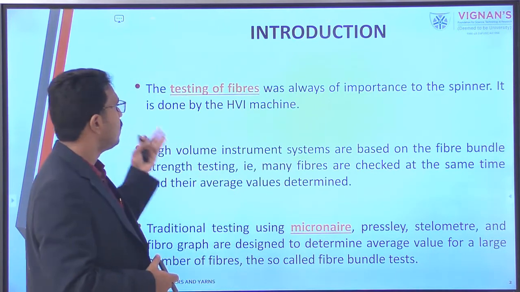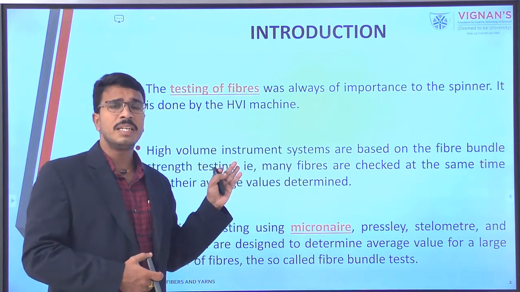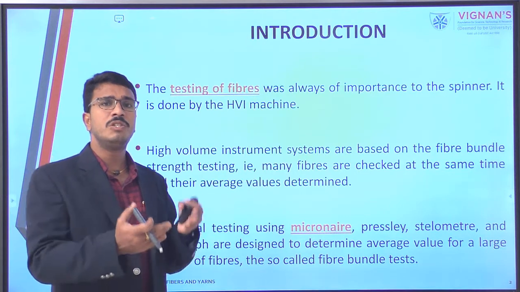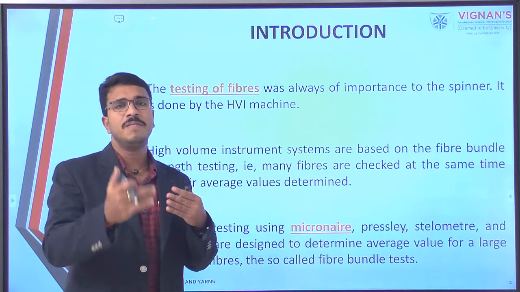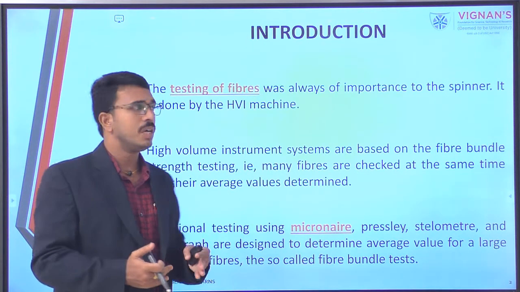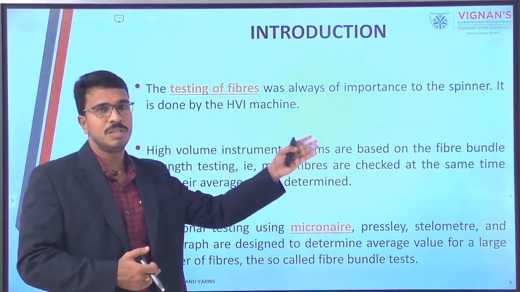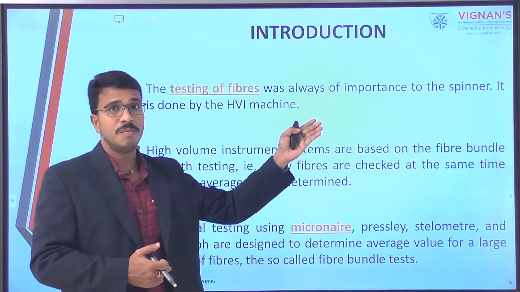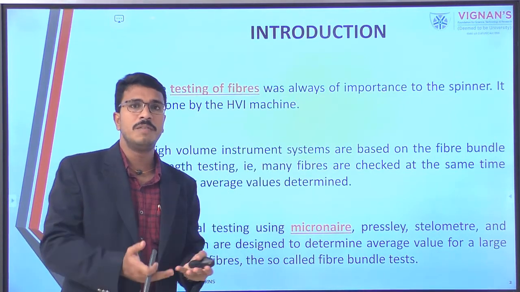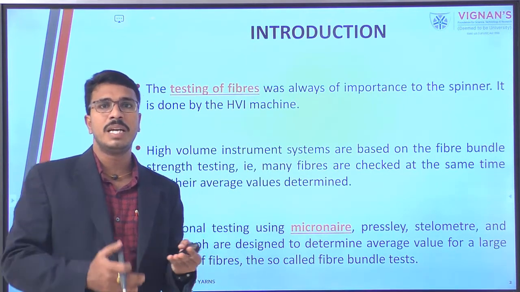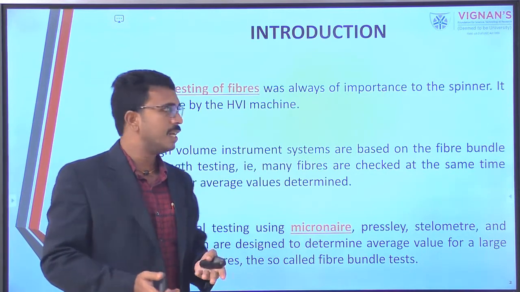These instruments are used only at the fiber testing stage. Testing of fibers is very important for spinners, because if they don't test their fibers, they cannot take the right measures during the spinning process.